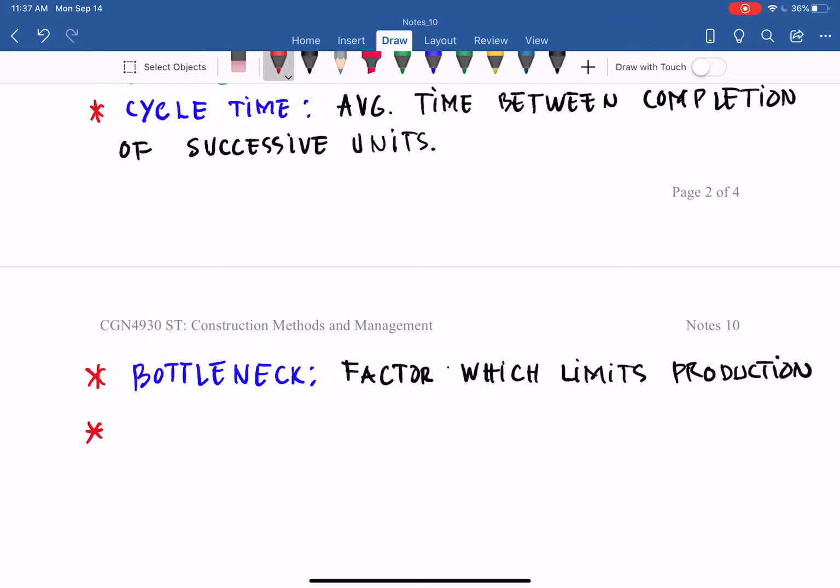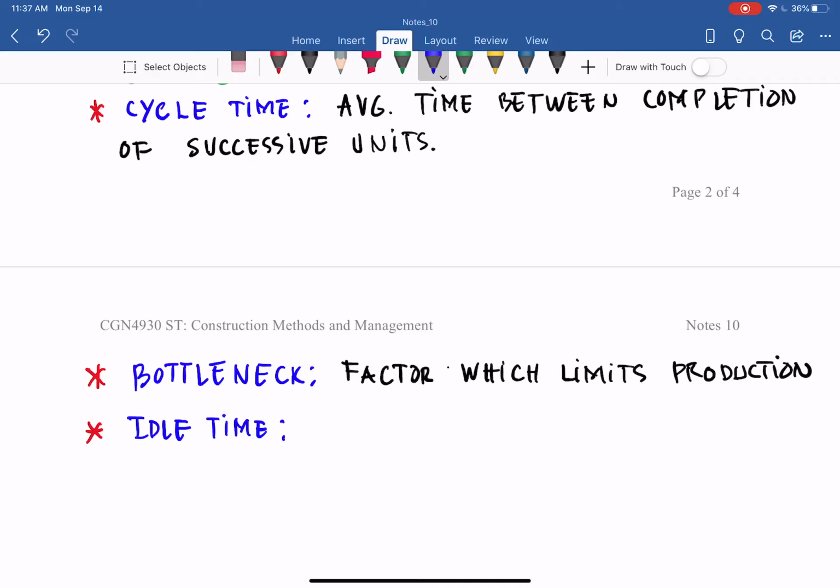Then another concept we also want to touch on is idle time. Idle time is the time when useful work is not being performed.